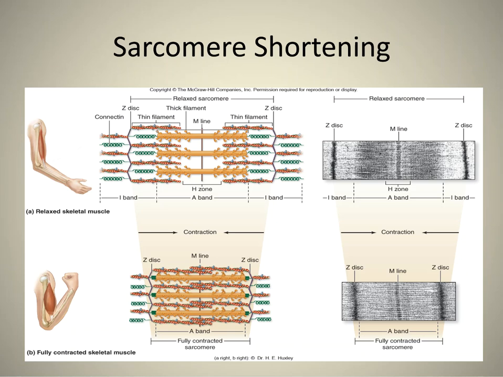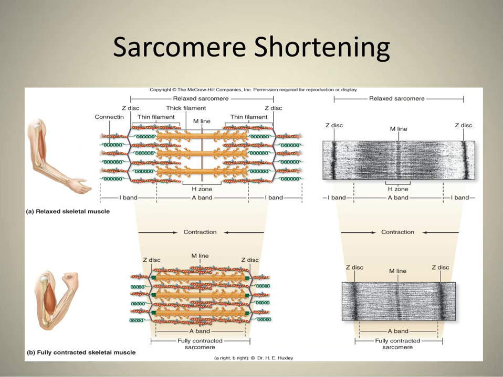I always use the analogy of a rowboat. The water is the thin filament, the boat is the thick filament, and the oars are the cross bridges. As soon as you're over the water, you put the oars in the water, the cross bridge attaches, it goes to a power stroke.